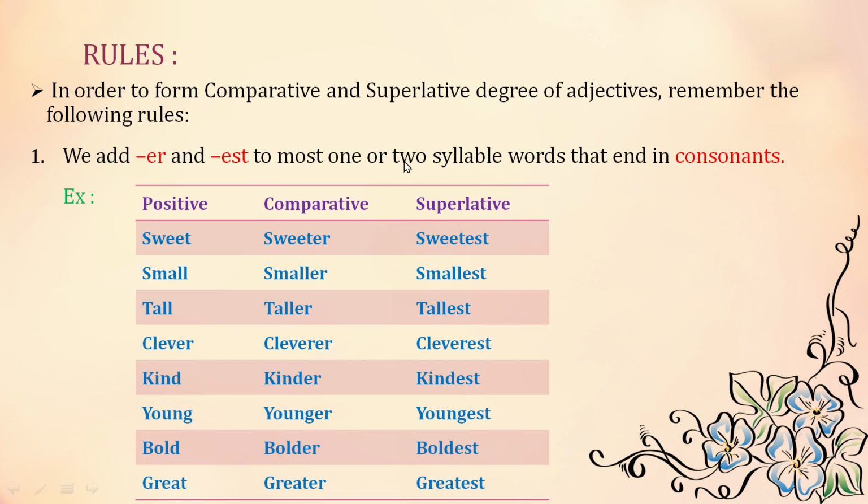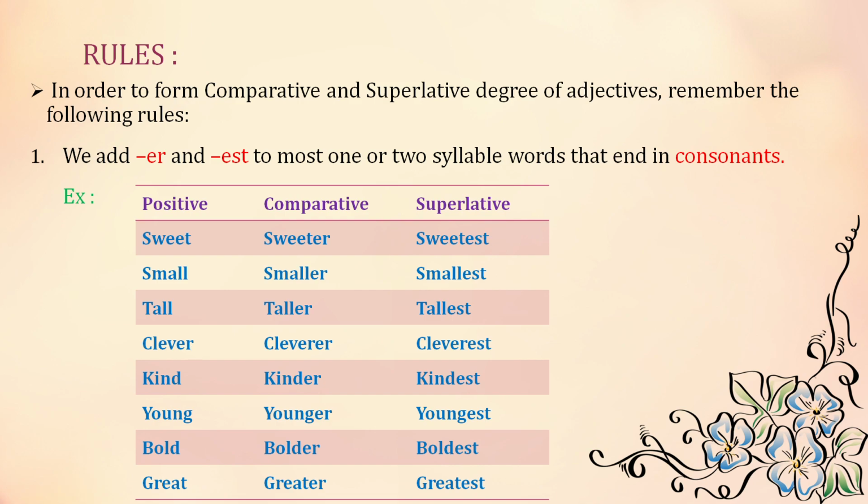If there is one or two syllables and the word is ending with a consonant, here the word is ending with T. It's a consonant. L, L, R, D, G, D, T, these are all consonants. Let's see the number of syllables present here. Double E, two syllables are there. Here, small, one syllable, tall, one syllable, clever, two syllables, and so on.